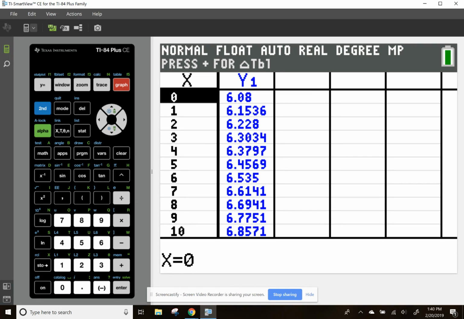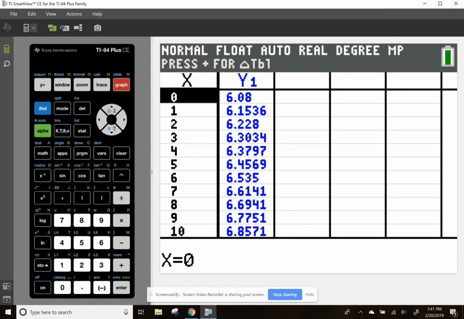So what the table tells us is after how many years what the population is. So at 0 years, which is the starting amount, we had the 6.08, which we know. After 1 year, it's 6.15 billion. After 2 years, it's 6.2 billion, right? And so on. Now, part C is asking, predict the population in 2020. Now, we're starting at the year 2000, which means 0 on my table is the year 2000.